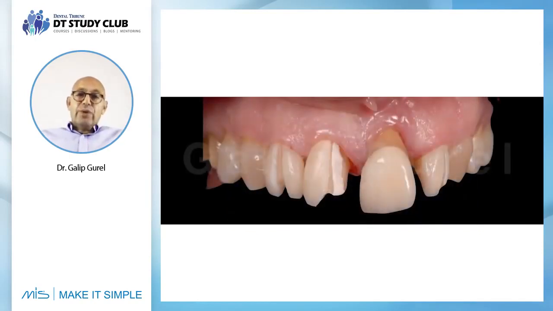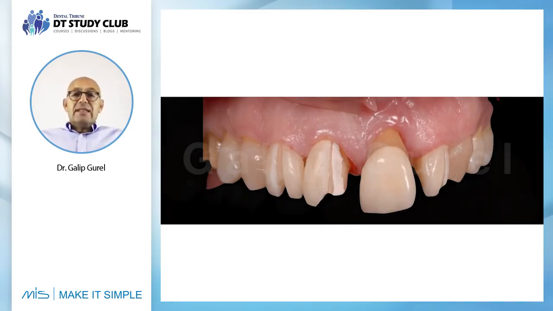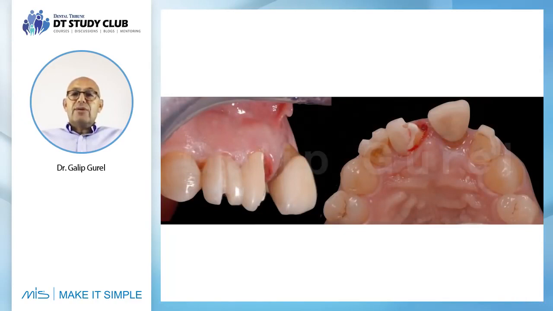And then we are now preparing the adjacent tooth, which already had crowns on top of them, and this is the way we continue. The other central had a crown, the laterals had veneers previously.